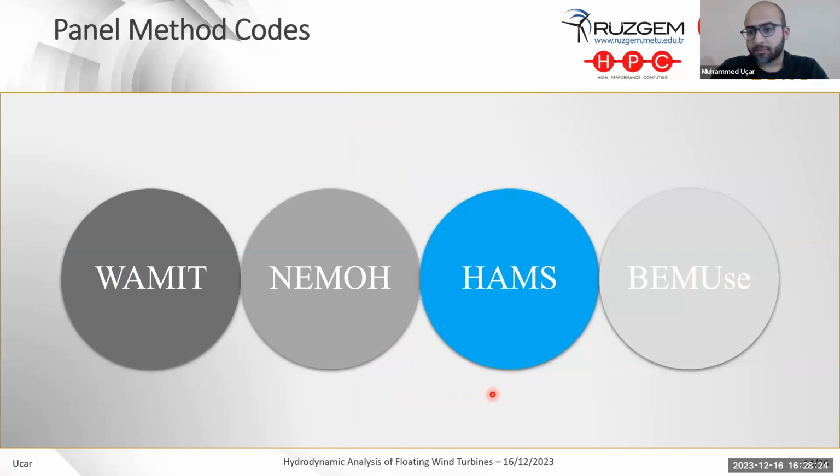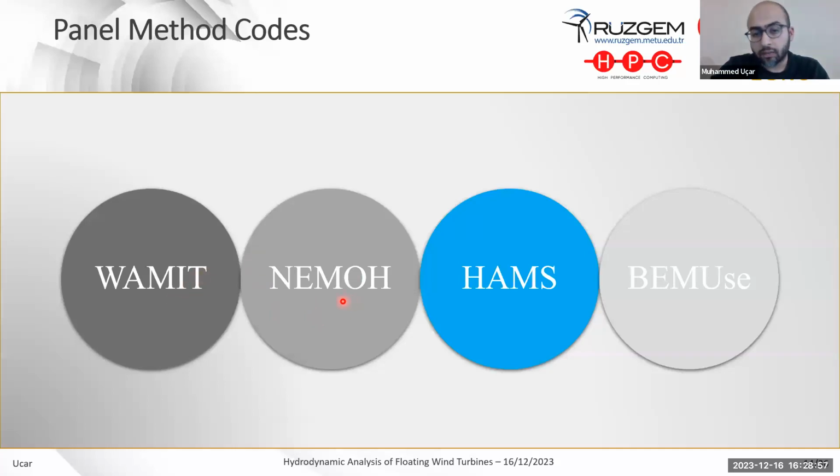Okay, what are these panel method codes? As Elif Hoca showed, there are many other codes, but I'm showing these four especially. Firstly, WAMIT, the Wave Analysis MIT code, is the first released code and the most used one. The other three codes are open source alternatives to WAMIT.